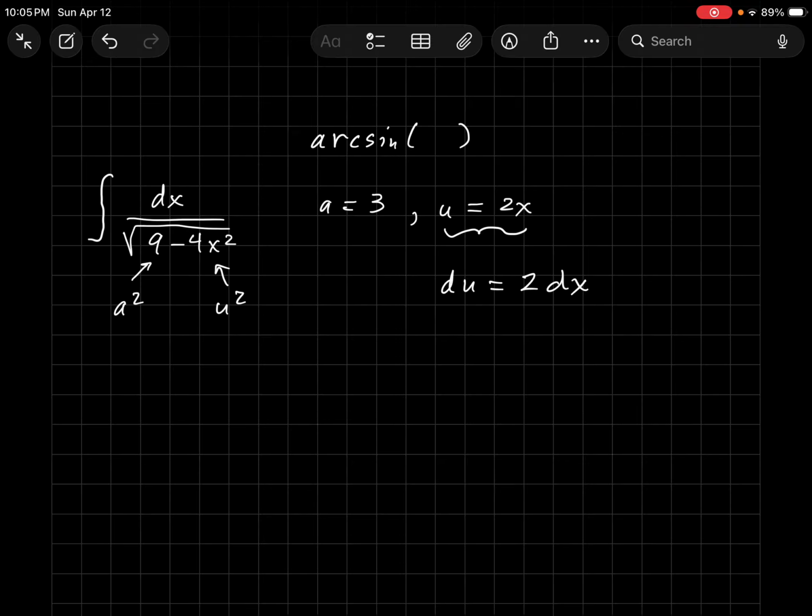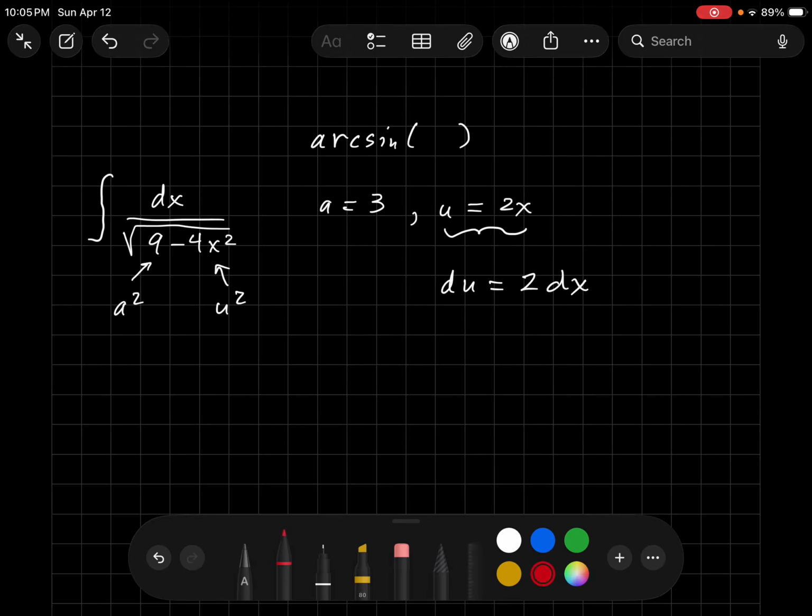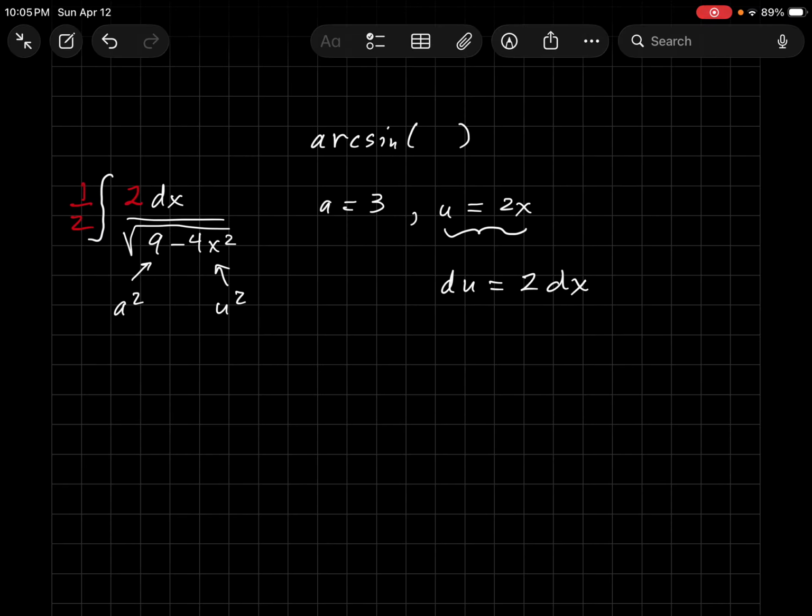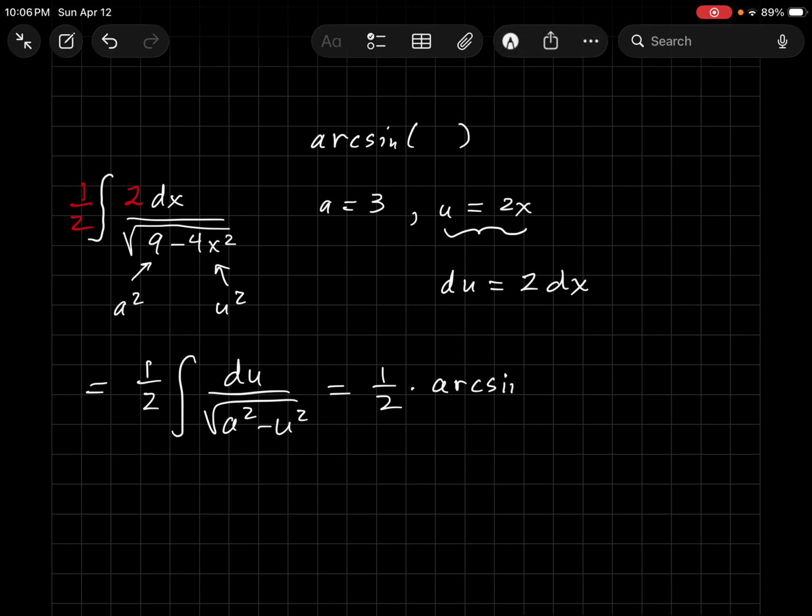We're off by a constant multiple of 2, so we can multiply by a 2 so that we have the full du, and then a half on the outside to fix it. And now this is going to give us 1/2 the integral of du over root a squared minus u squared, which is that extra 1/2 just from the fix of the u-sub, times the arcsine of u over a, plus c, of course.